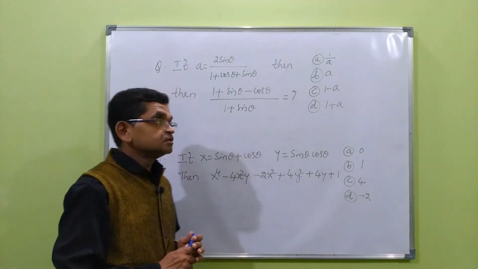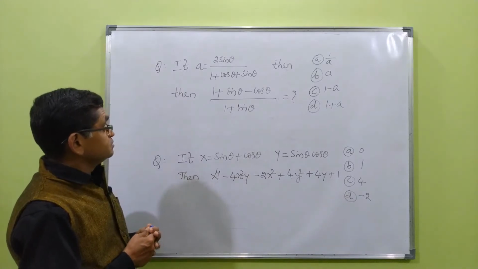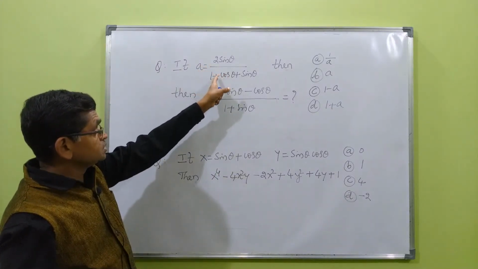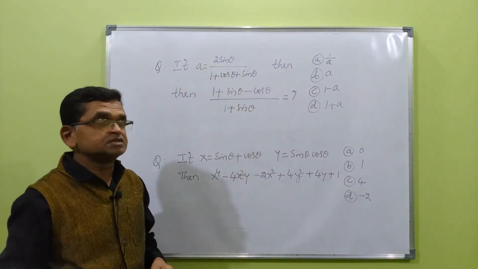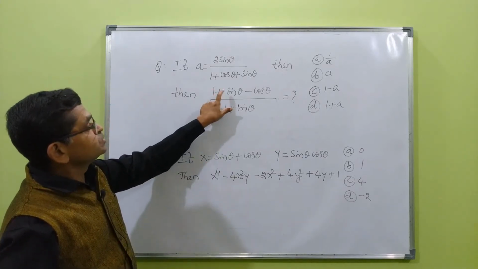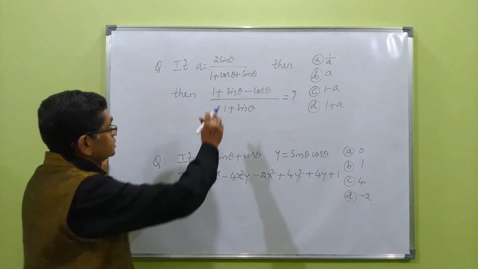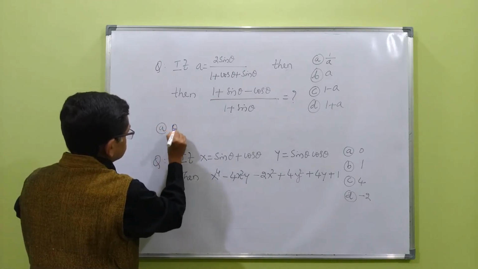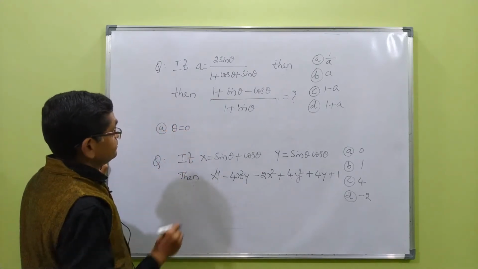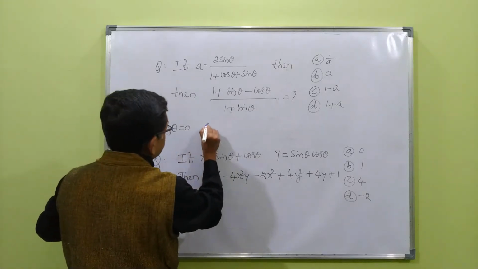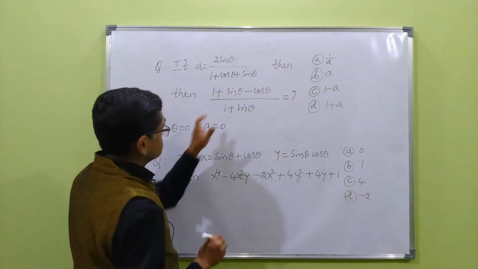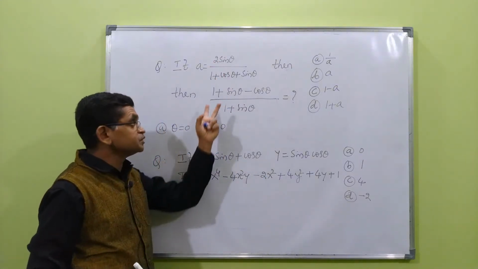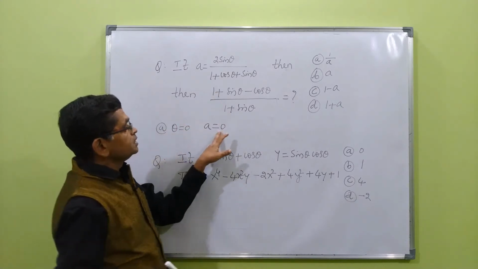Okay. See, A is equal to 2 sin theta divided by 1 plus cos theta plus sin theta. Then you are asked to find this value. Let us take theta is equal to 0. What happens? A will be 0. Numerator is 0. You need not compute the denominator. A is 0.